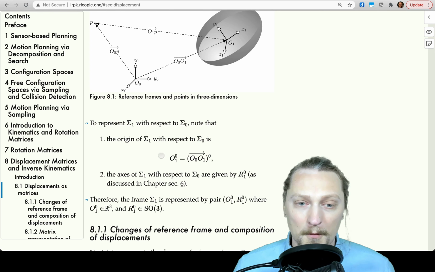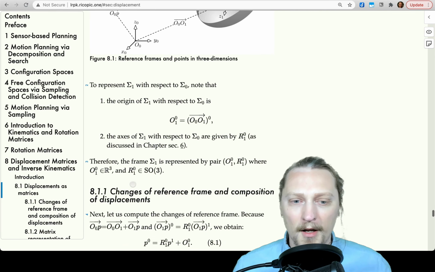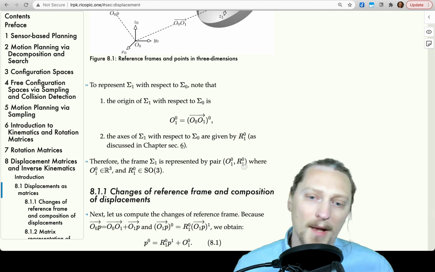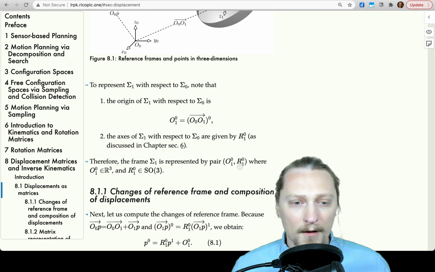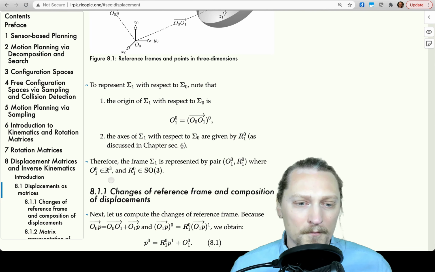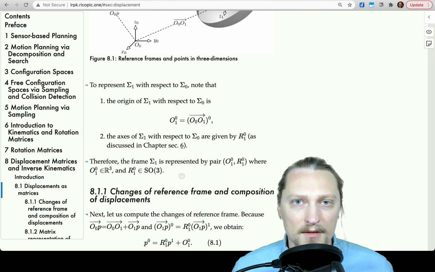So, we've just noted the two important facts about how to describe one of these reference frames in terms of the other. Therefore, the frame sigma 1 is represented by a pair, the origin matched with the rotation matrix, where O1,0 is a 3 vector, and R1,0 is a rotation matrix.